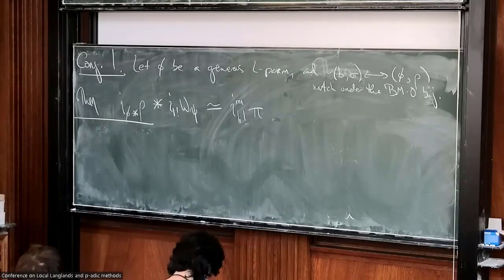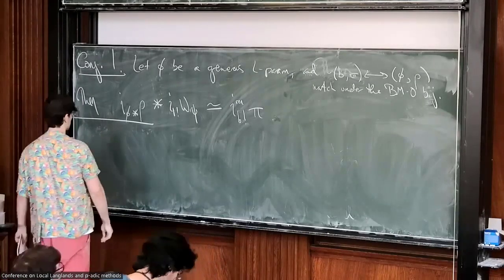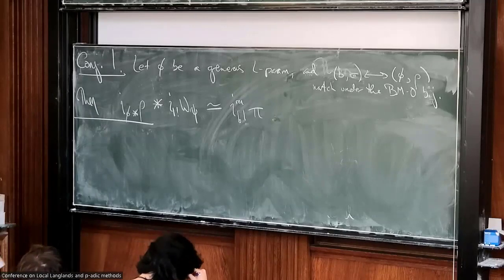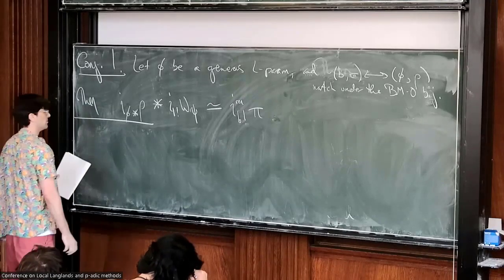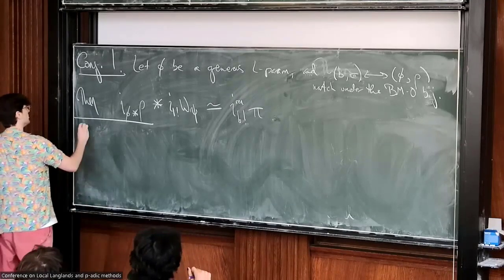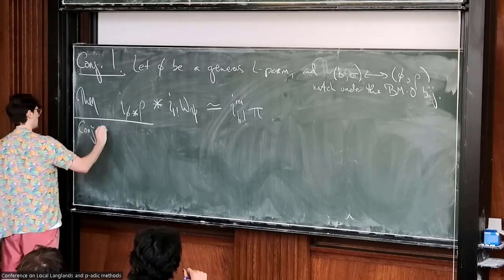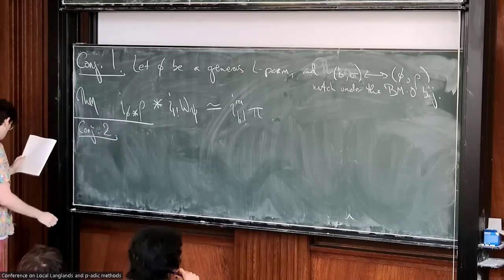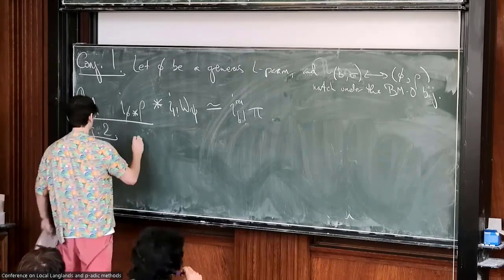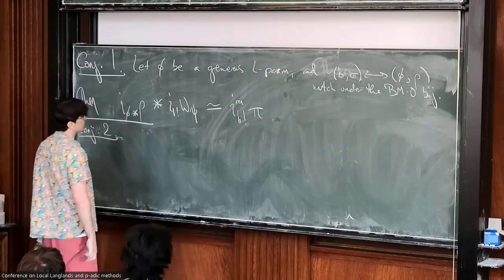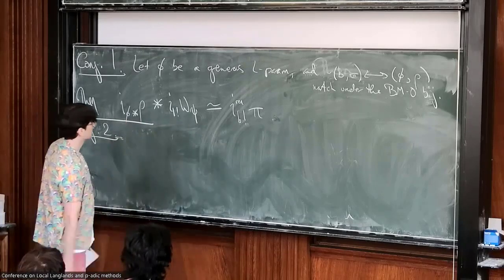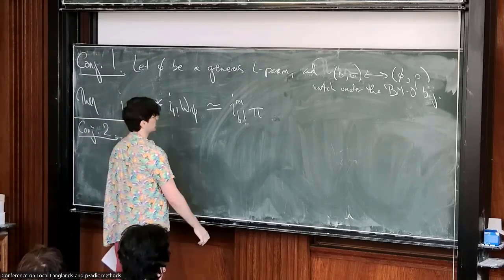I'm going to formulate two more conjectures and then discuss some partial results and other evidence for these. And then hopefully if there's time, I'll talk about the trivial L parameter, which is very different. So conjecture two answers a question you may have asked yourself, which is, well, I discussed three different ways of pushing a sheaf forward from a stratum to all of Bun_G.